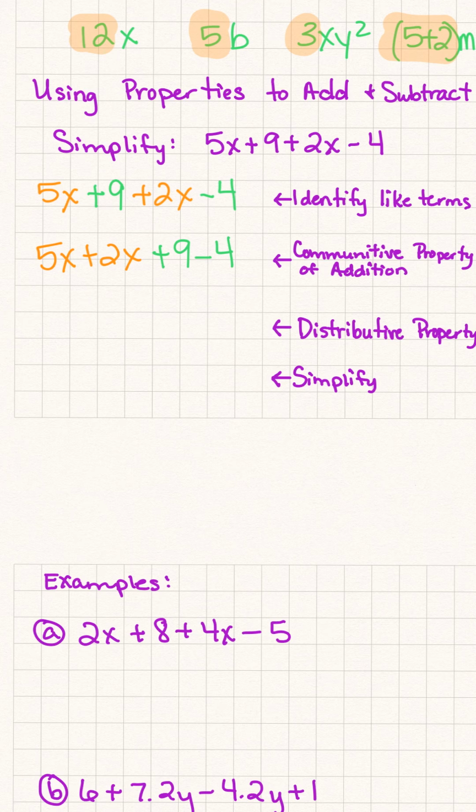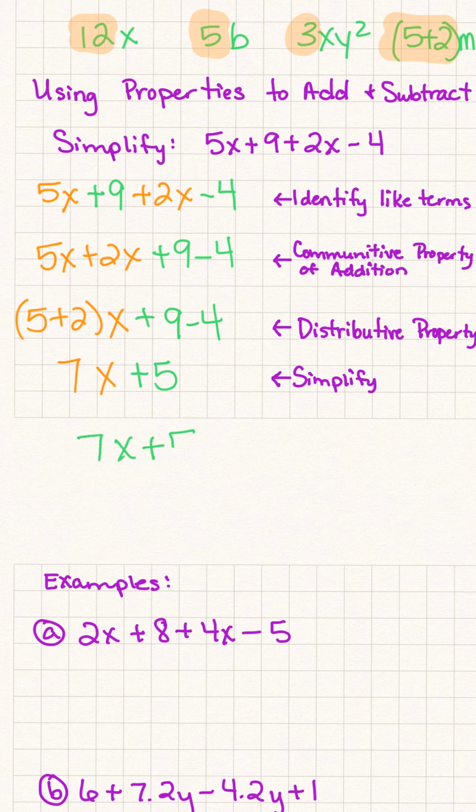We're going to pull the 5 plus 2 out, times x, and leave the numbers, and then simplify. So 5 plus 2 equals 7x. A positive 9 minus 4 is going to be plus 5. Our answer is 7x plus 5.